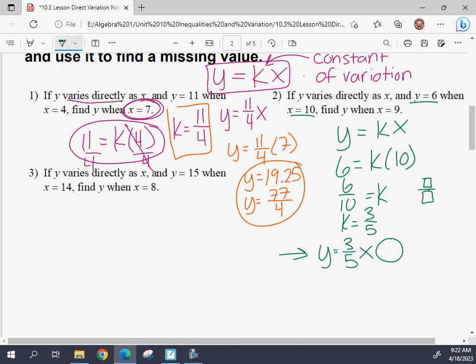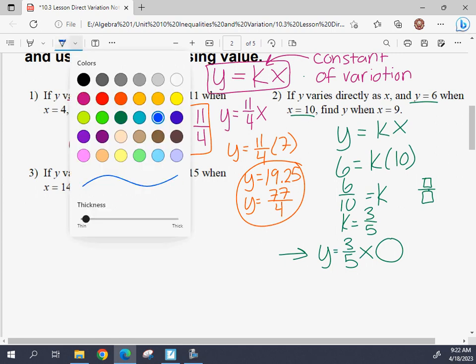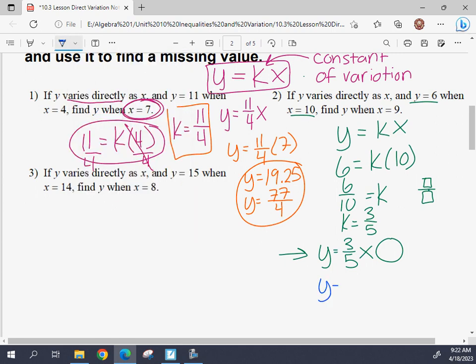And so that means to plug in 9 for x. And so I can do 3 over 5 times 9. And I can get a decimal, 5.4. Or I can get a simplified fraction of 27 over 5. Both of them are fine.